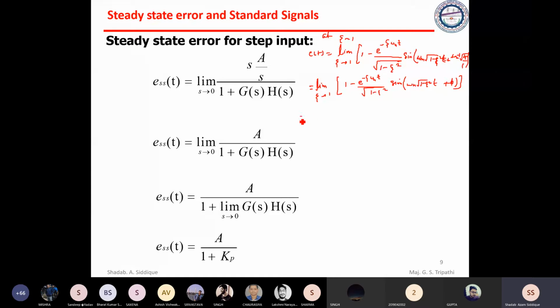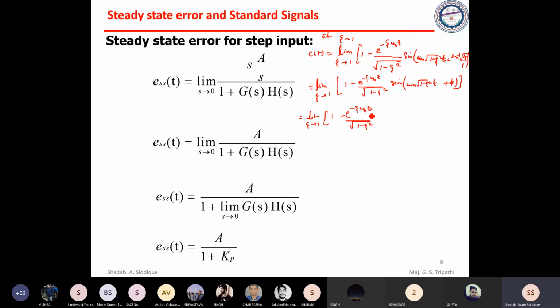Now we have the limit zeta tending to 1 of 1 minus e to the power minus zeta omega n t divided by the square root of 1 minus zeta square.